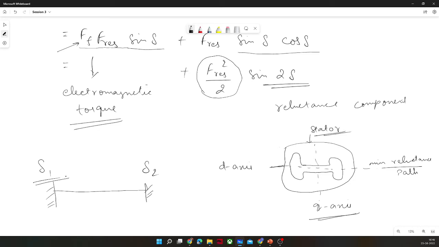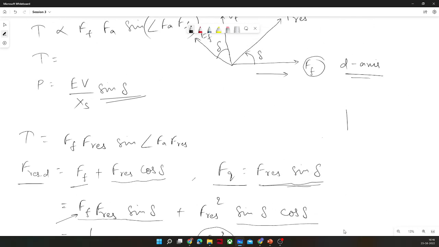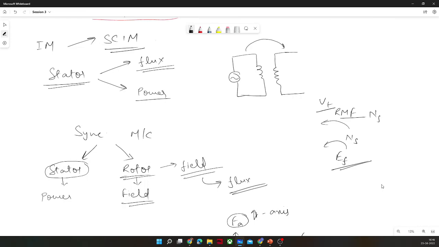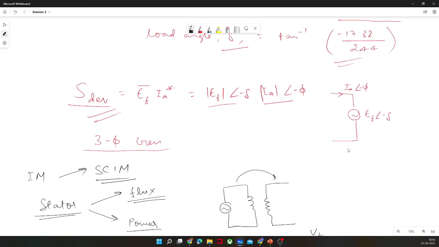So let's say this machine is overexcited, and if overexcited, then it would have higher EF. Okay, higher EF delta 1, and this is EF 2 delta 2. So this whole concept would come if I derive the reactive power equation from that developed or apparent power. So this was the developed power.